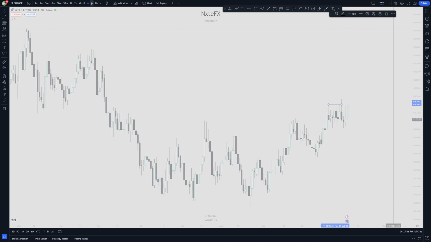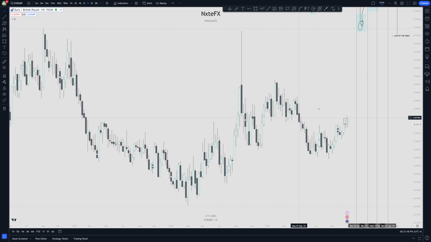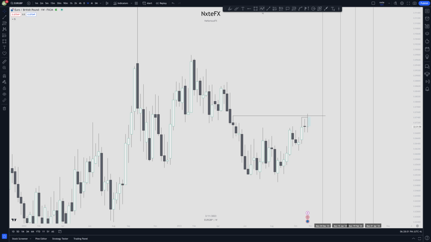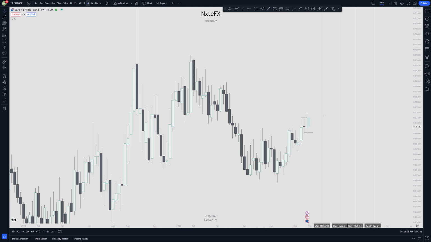Is there anything we could go from on the weekly that makes sense? What do we see here? It taps into a weekly fair value gap, and what do we have below us? Another weekly fair value gap.